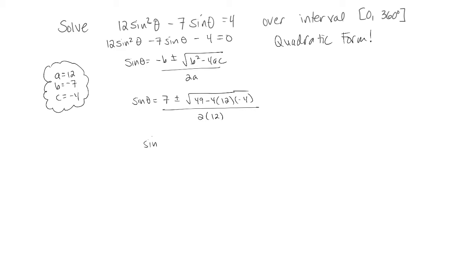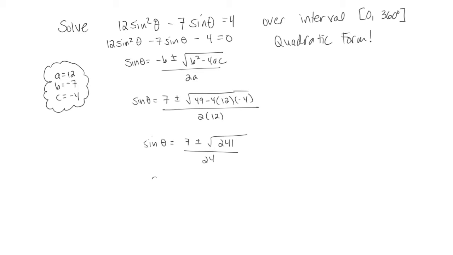So sine theta is equal to 7 plus or minus the square root of 49 plus 192. I'll pull up my calculator here, and that is 241, all over 24.